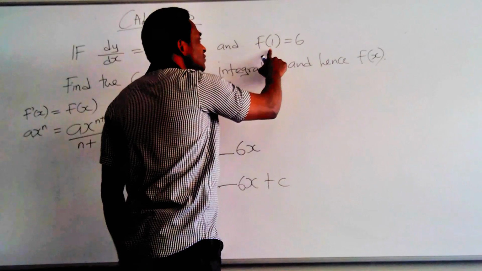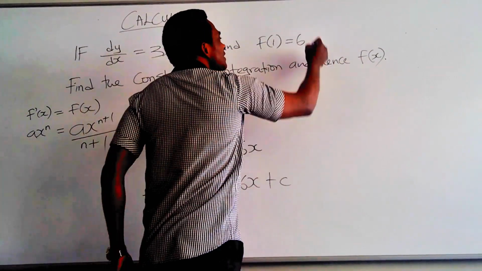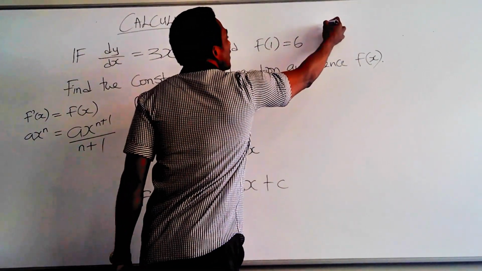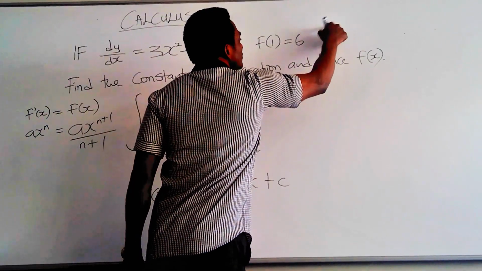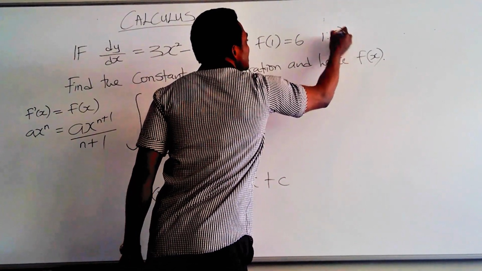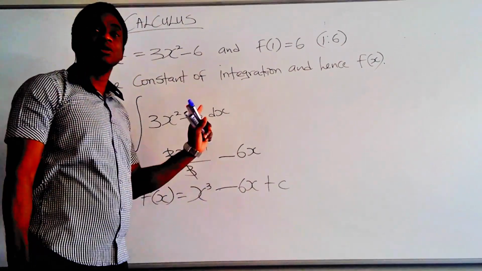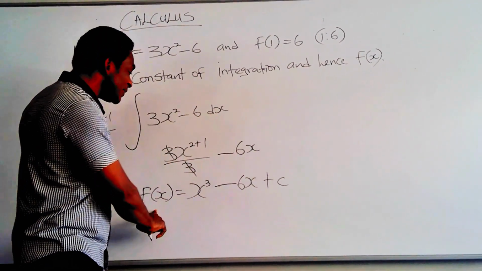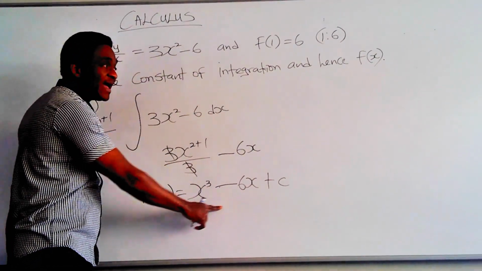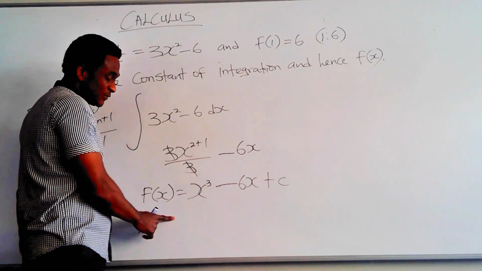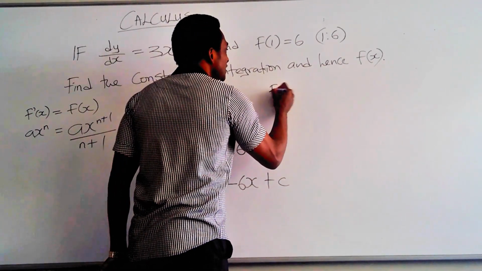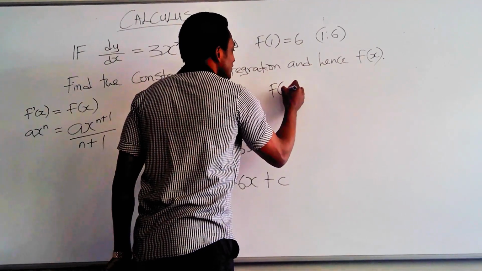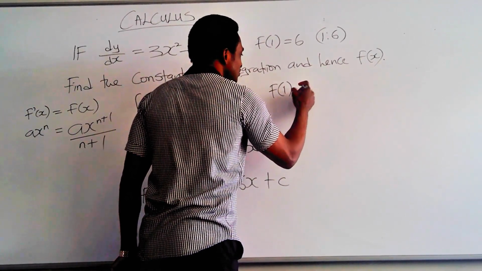Now, how do we go about this? We were given a coordinate. This coordinate means that when x is 1, y is 6. That is the coordinate that was given there. So we sub it into the equation that we just integrated. So it means f of 1 equals 6.